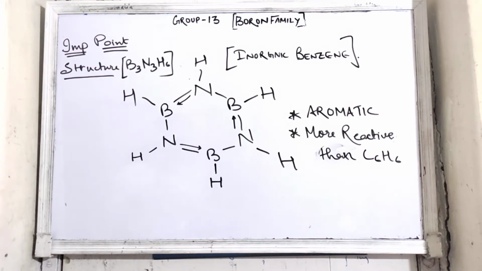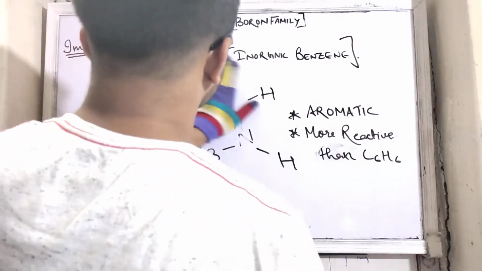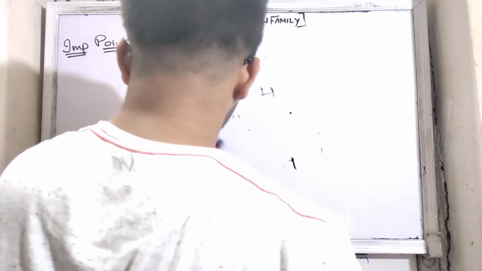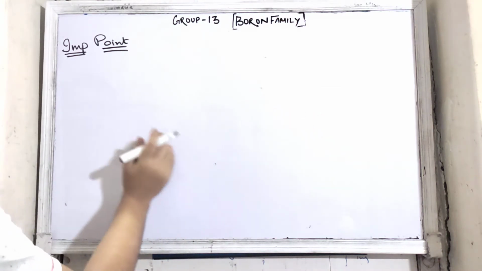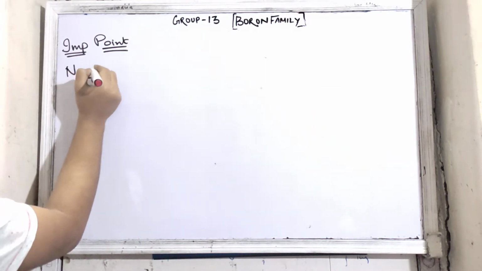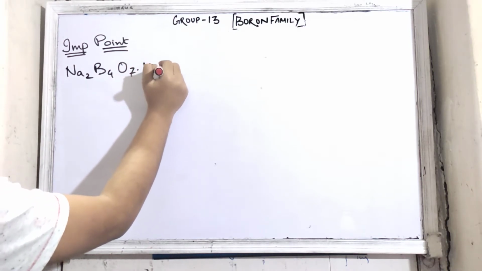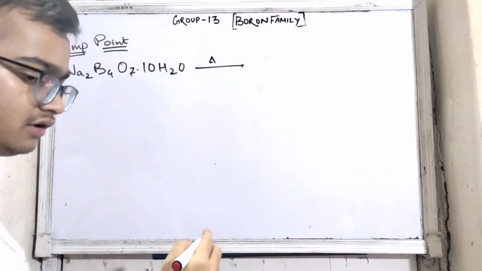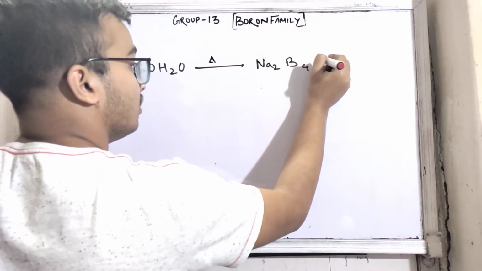Done. Now let's come to the borax bead test. If you remember, during hydrolysis of borax we obtained a few things. Let's do it again. Borax was Na2B4O7.10H2O. On heating we obtained Na2B4O7.